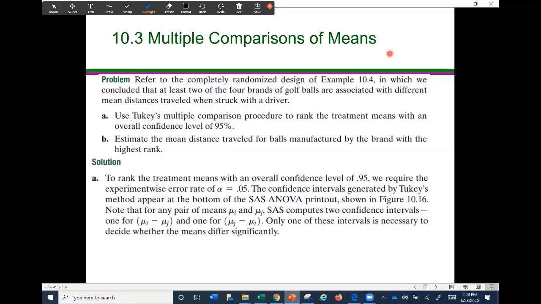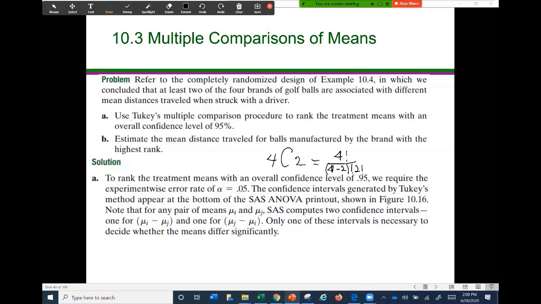First of all, we need to do several comparisons because we have 4 means, 4 populations. To obtain the number of comparisons, remember, from 4 means we need to compare 2 by 2, in pairs. We need to count the number of possible combinations of 2 among 4 means. 4 combination 2 is 4 factorial divided by (4 minus 2) factorial times 2 factorial.